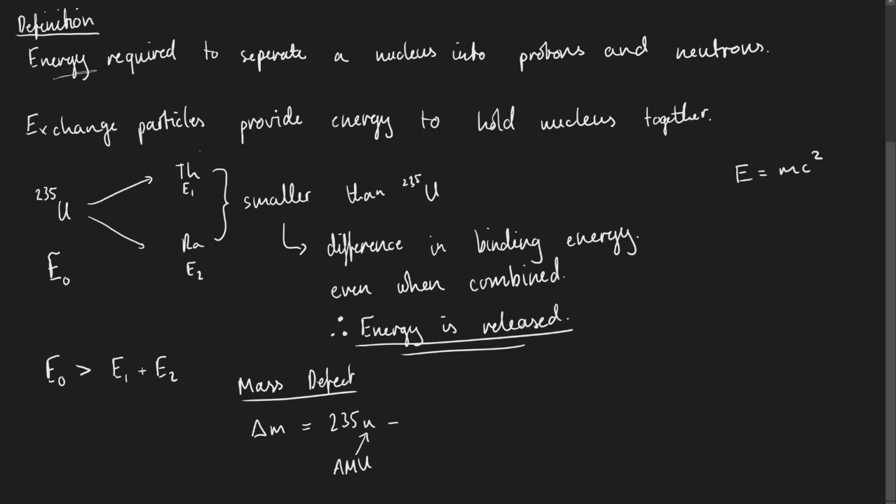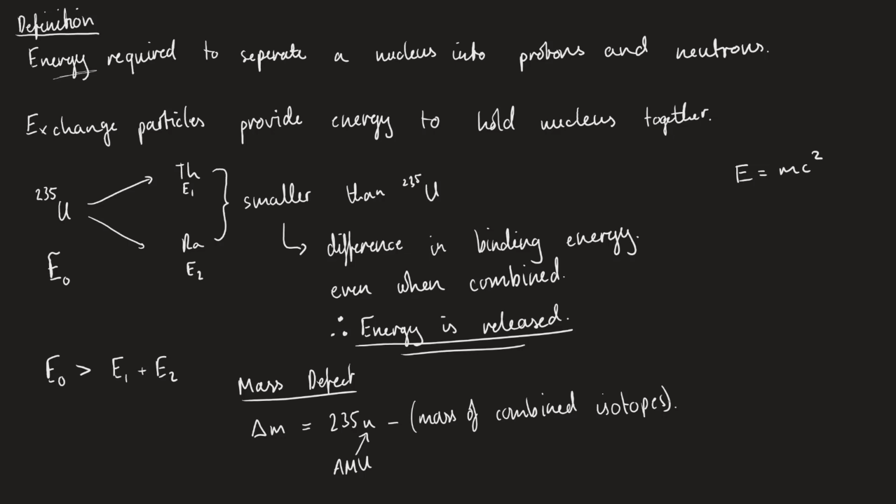And when we actually calculate their masses, or we can measure their masses, we'll find that we will end up with some change in mass. Now, I haven't specified what these are, so I'm just going to put in brackets here mass of combined isotopes, or daughter nuclei, if you want to refer to them as that. And I end up with a change in mass. Now, a change in mass is measurable.